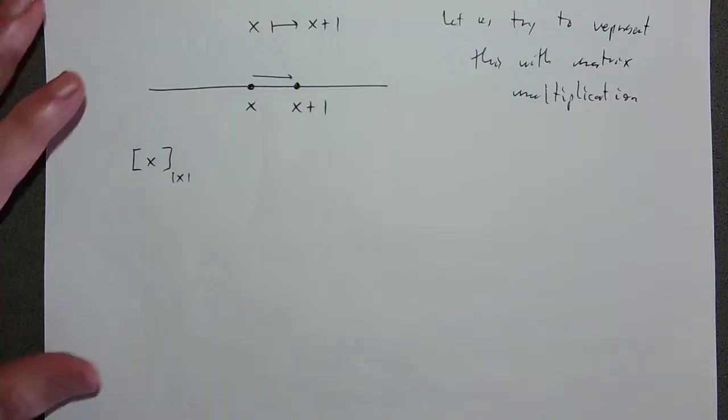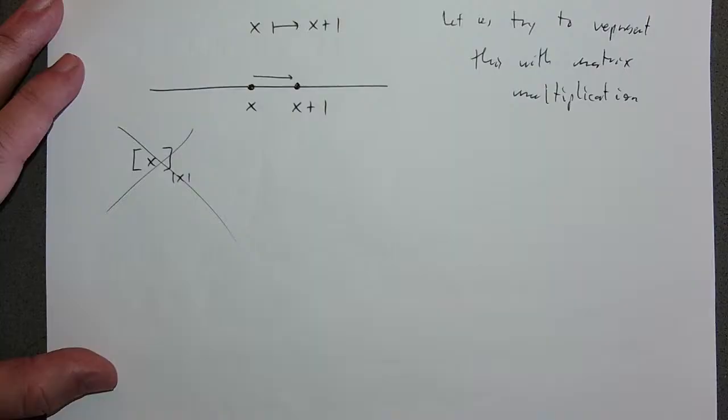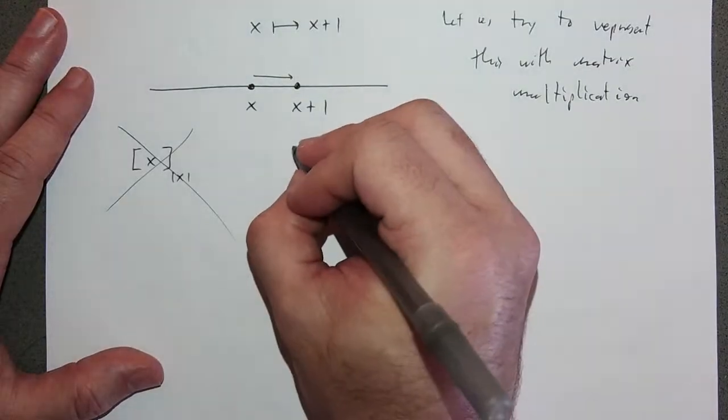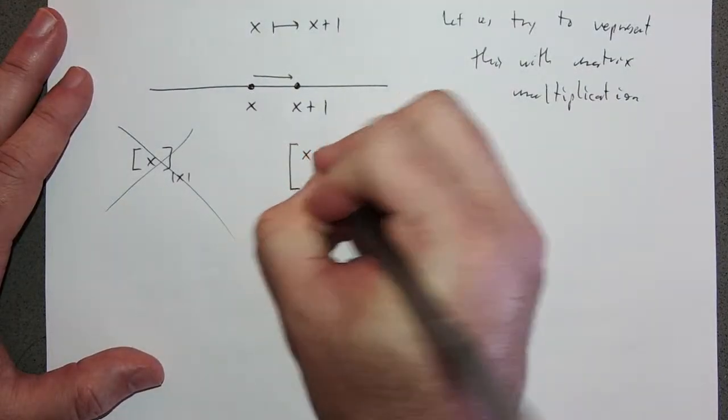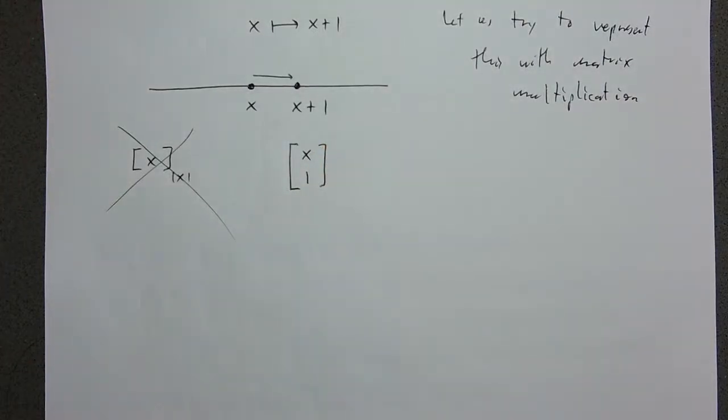But what if, instead of writing it like this, we write it as a vector where we have just fixed the other entry. I'm going to fix the other entry in a certain way. I'm going to do it like this.